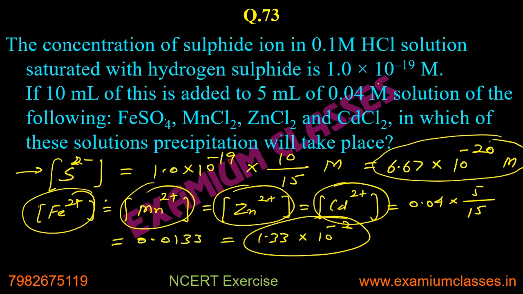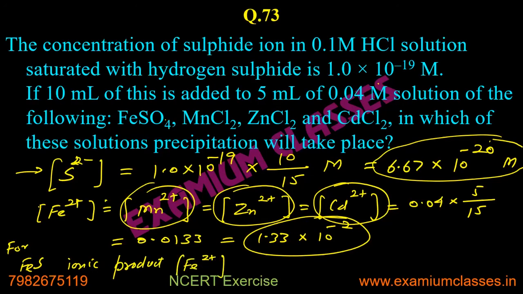So for example, if I consider FeS, for FeS the ionic product will be equal to Fe2+ times S2-. Fe2+ is 1.33 into 10 to the power minus 2. Sulfide is 6.67 into 10 to the power minus 20.